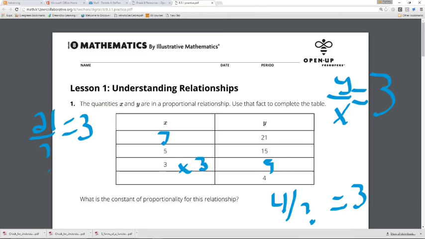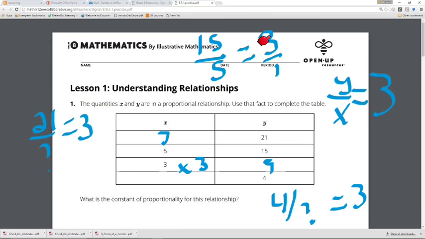Well, I can also set up proportions if it's a proportional relationship. So in my first problem, I did 15 over 5. And 15 over 5 is the same thing as 3 over 1.